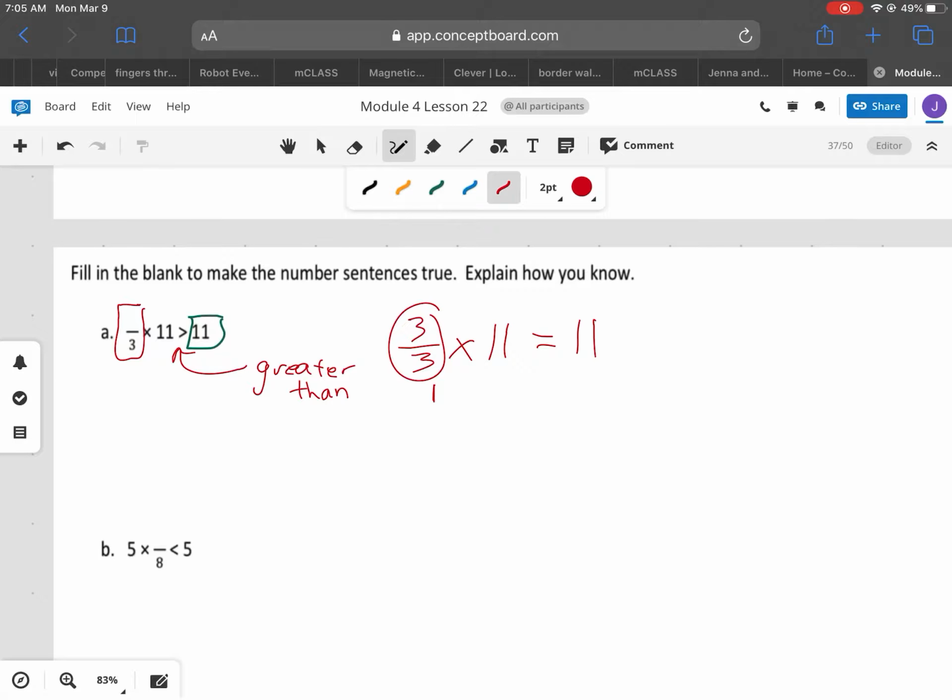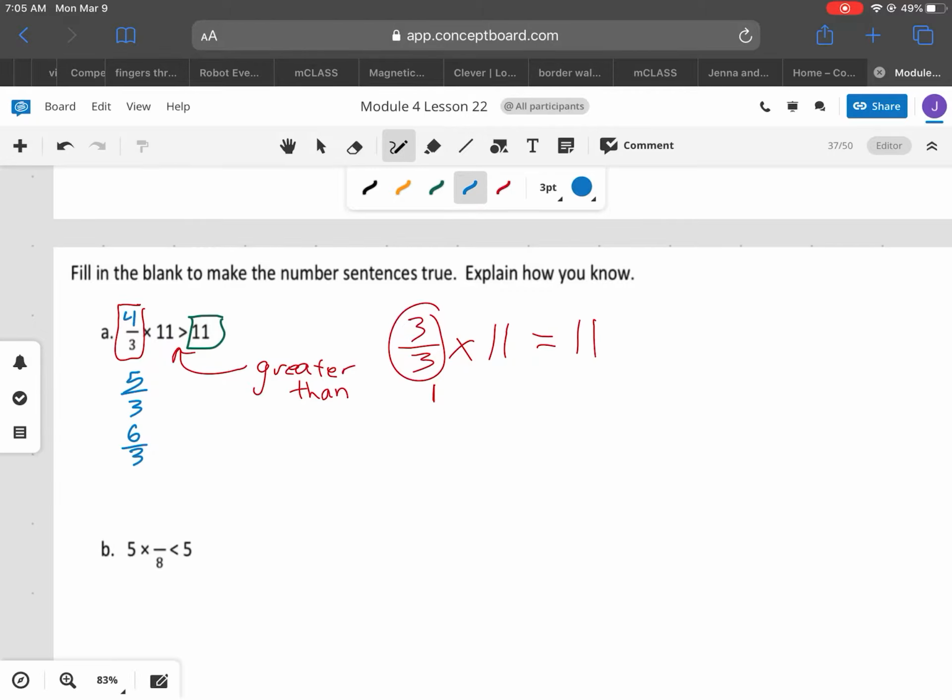Okay, so we need something that is greater than 3/3 to fill in the blank. So we could have any number that is greater than 3/3. So we could put in 4/3. We could put in 5/3. We could put in 6/3.